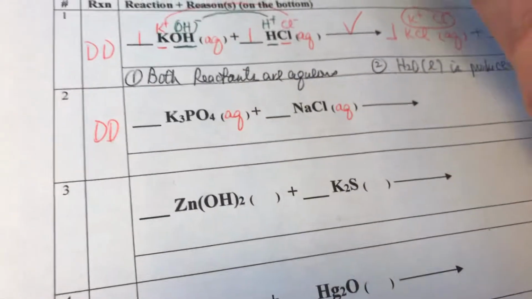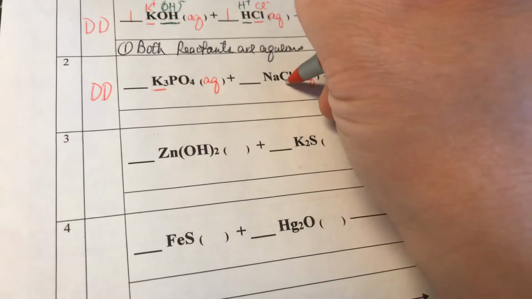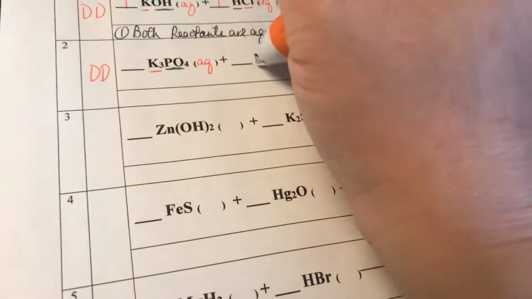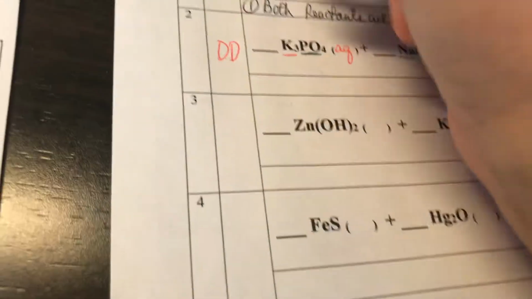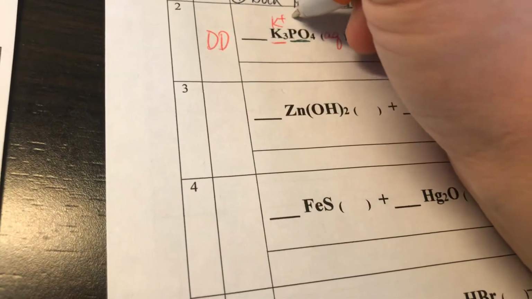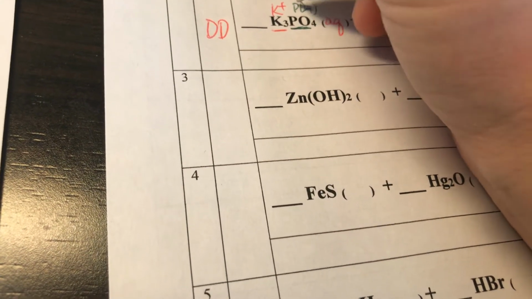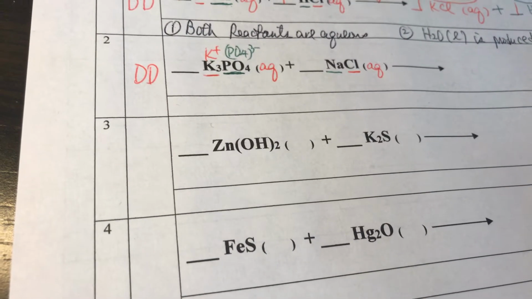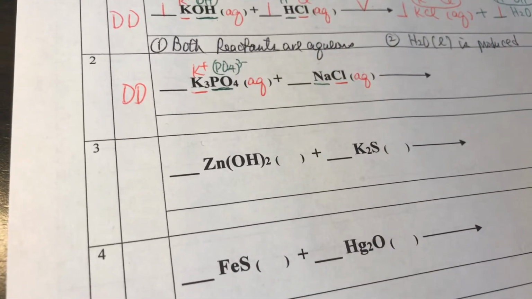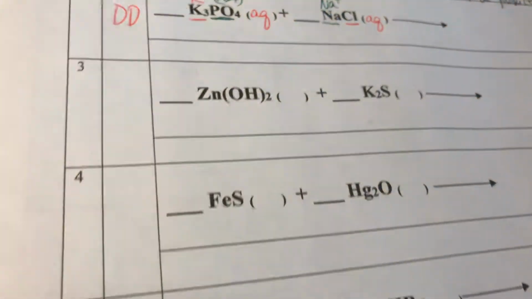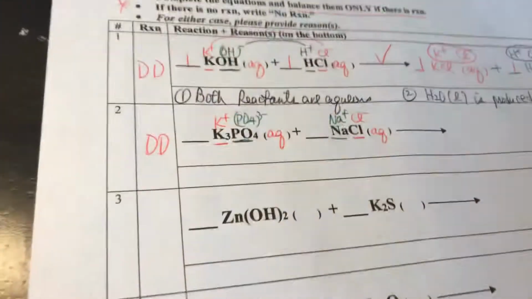So in this case, I can separate them. Underline this and this with red pen, and then underline the 2 and 3 with green pen. So we start to cross over. I get K plus, and then PO4 parentheses 3 minus. And then the NaCl, with the green pen, I get Na plus and Cl minus.